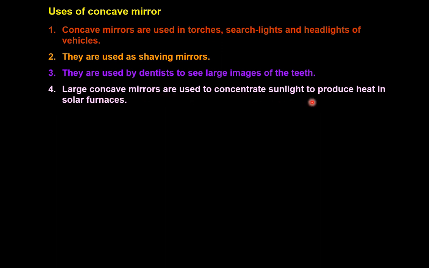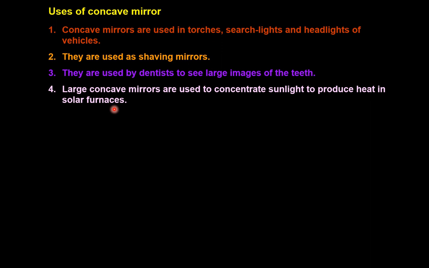So how will we make this arrangement? For this arrangement we will take a large concave mirror, so their aperture should be large, so that they can accommodate more and more light rays falling on it.